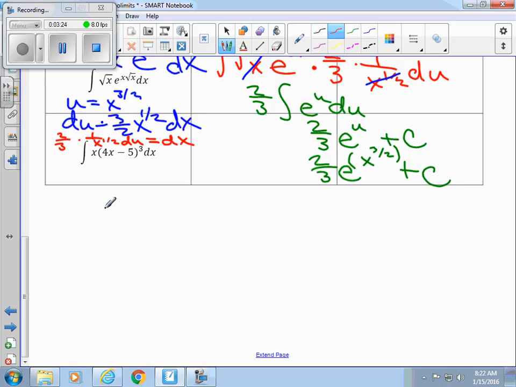Okay, the last one. And the last one is particularly horrible, but I am guaranteed that I can do this with u substitution, or it wouldn't be in Cal 1, right? Now I will tell you, this particular problem, because that's a cube, there are great merits in just multiplying that out.